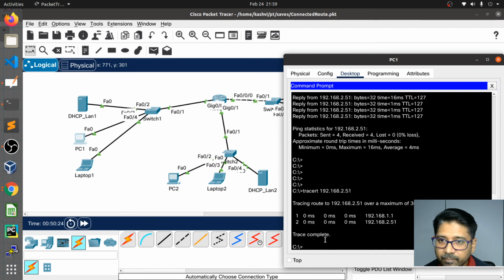Then we will follow RIP, then EIGRP, then we will move to OSPF. Okay, bye bye, see you in the next class.